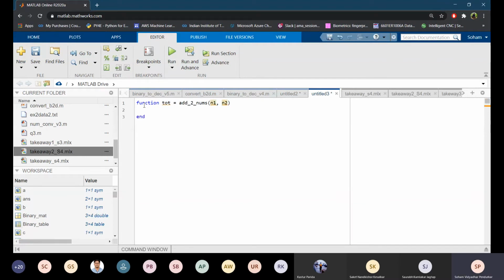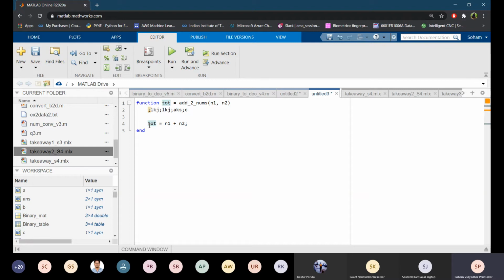If I create this function, then I can do all sorts of fancy stuff here, but at the end there should be something to reference this output variable. So tot is equal to n1 plus n2. In this case it's very trivial, but this tot should be referenced.